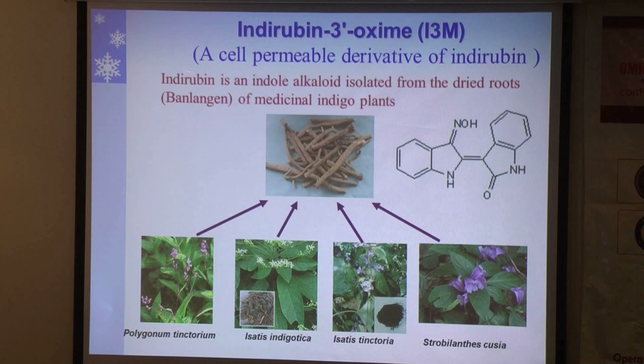Indirubin is an indole alkaloid isolated from the dried root, this is the dried root, from different medicinal indigo plants. And you can see this is I3M, modified from indirubin. From here, you can see the oxygen is replaced by NOH. This compound is available commercially and has a higher solubility and also a higher activity.